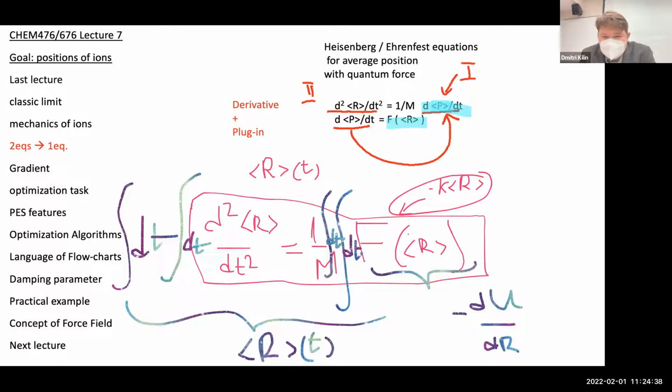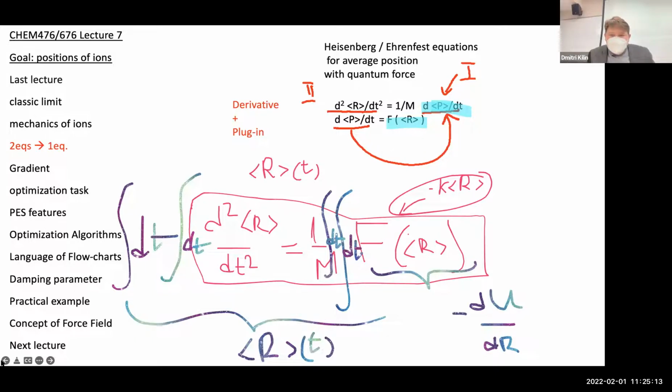Does anyone want to briefly summarize how we typically solve Newton's equation of motion? Put thumb up if you volunteer, put thumb down if you fear and do not know what to answer, and put it in the middle if you heard about it but you prefer not to speak if it is not critically necessary. Okay.